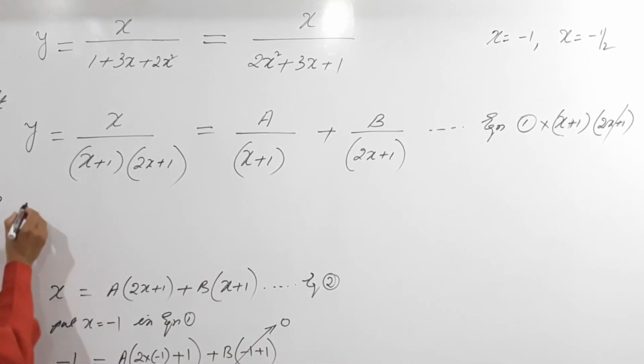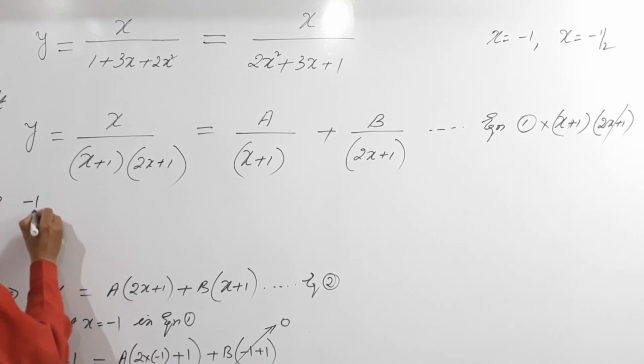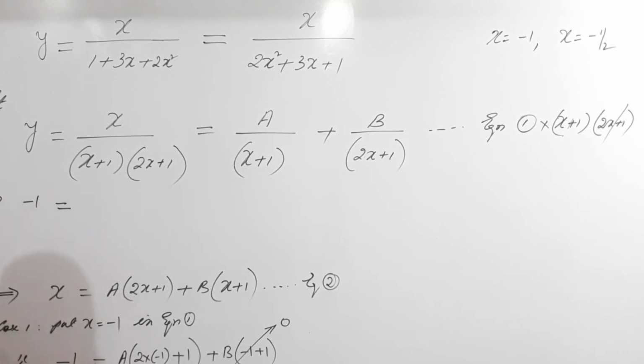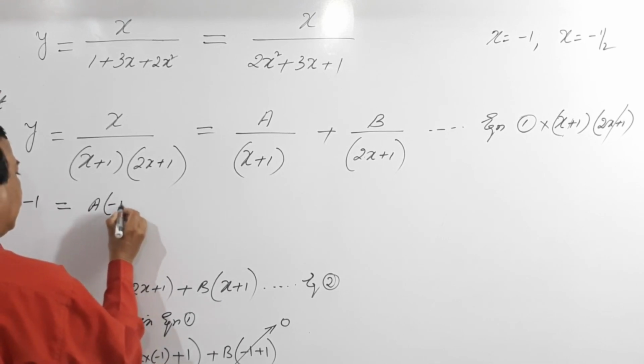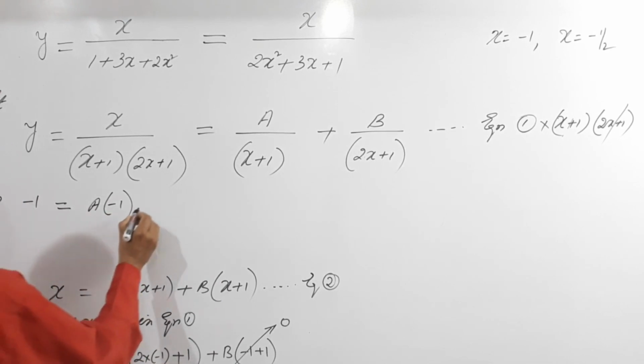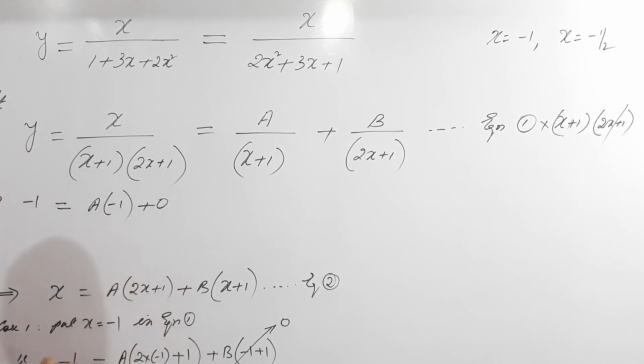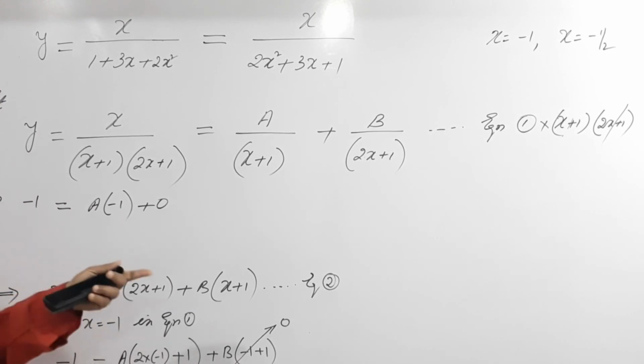That is equals to minus 1, equals to 2 into minus 1 minus 2 plus 1, so minus 1. So this will be a into minus 1 plus 0. So both sides we have minus, so I divide throughout by the minus sign.